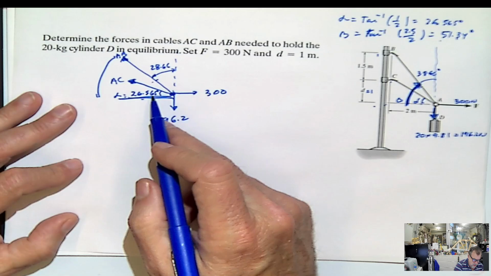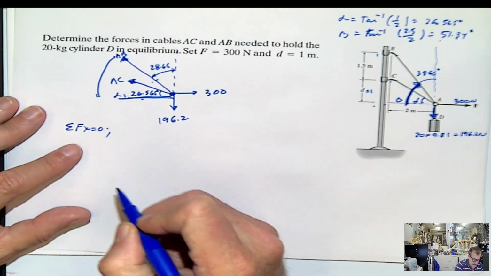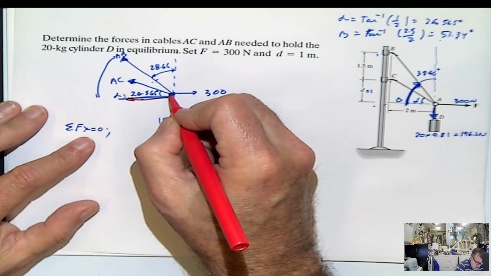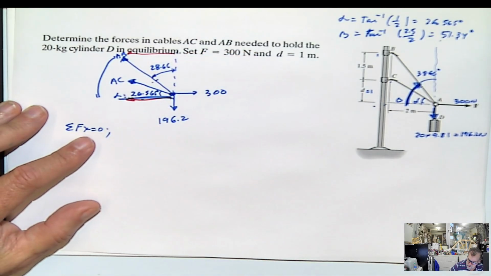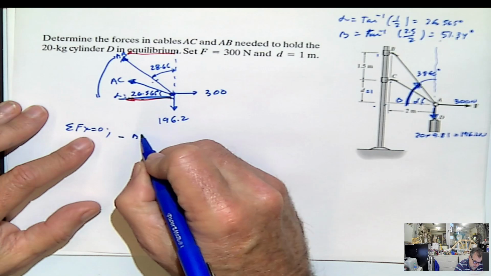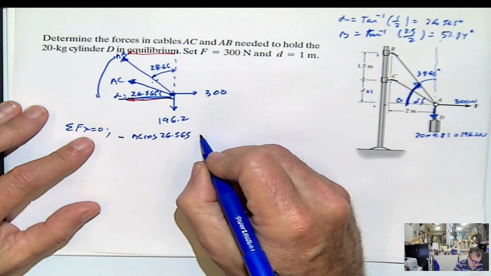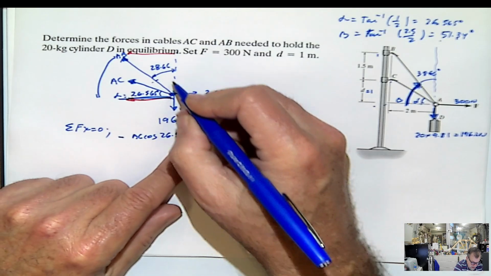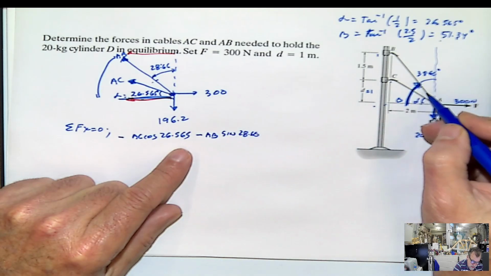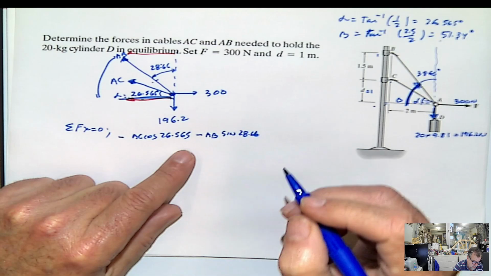And we're ready. Two unknowns in the x, two unknowns in the y. It doesn't matter the order, so I can say summation of forces in x must be 0. We have this component for AC and this component for AB. This component is negative, goes to the left, minus AC cosine of 26.565, and minus AB sine of 38.66.